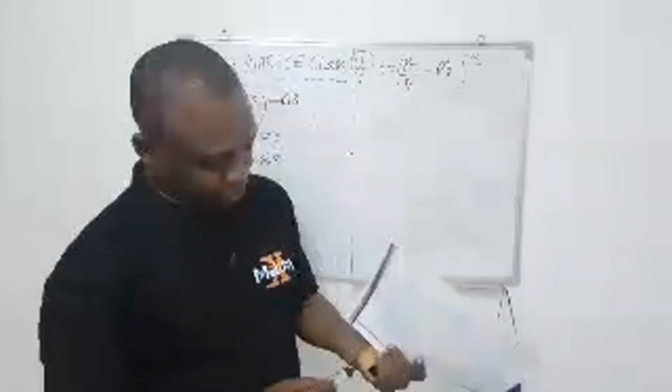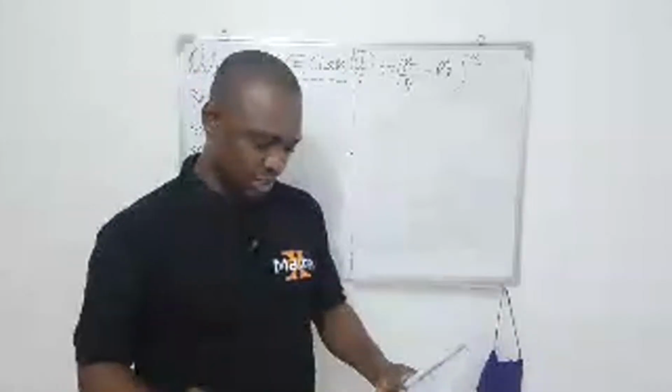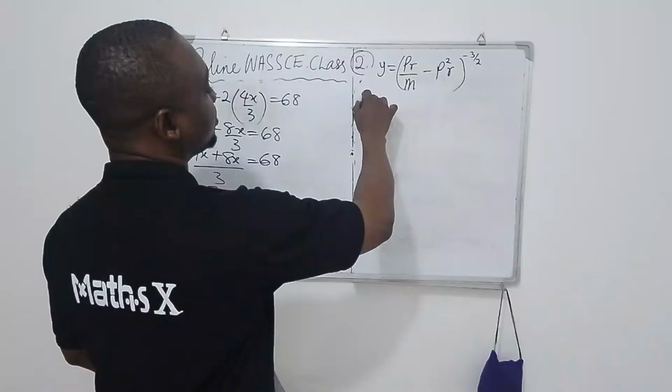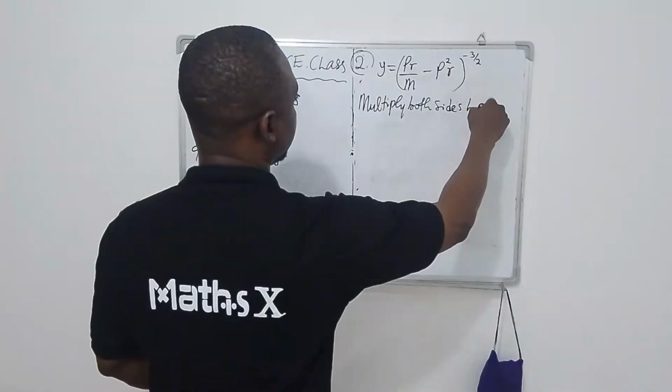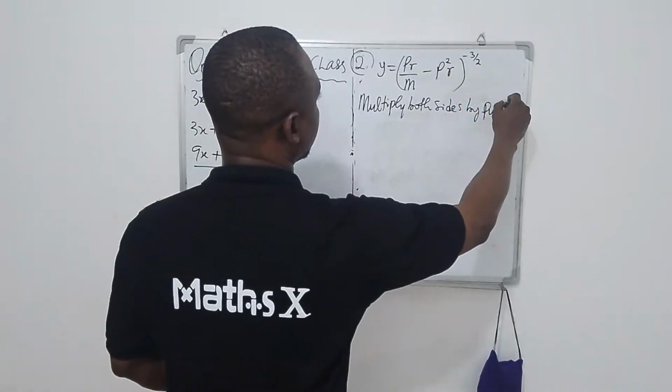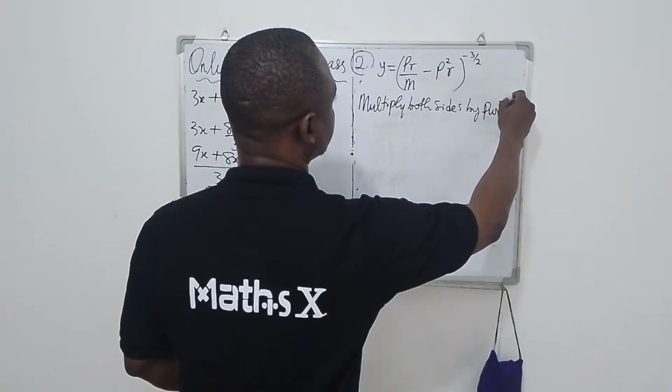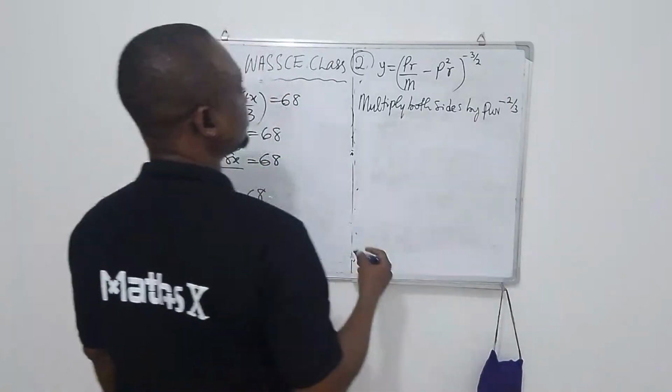The A part is saying make R the subject. The B part of this question is also telling us to find the value of R when y is minus 8, M is 1, and P by power minus 2 over 3.